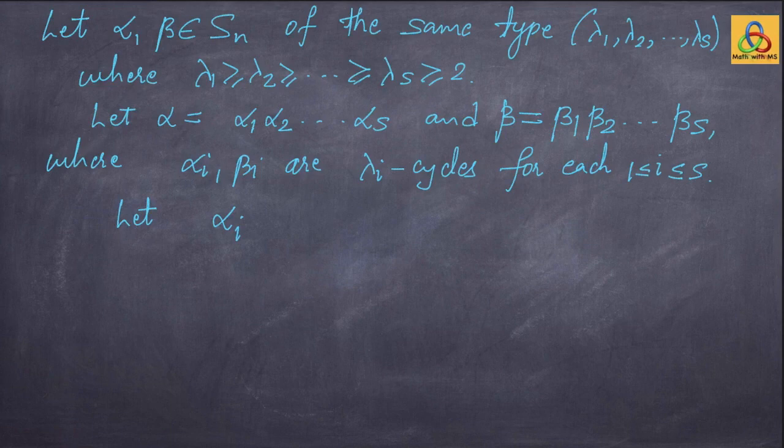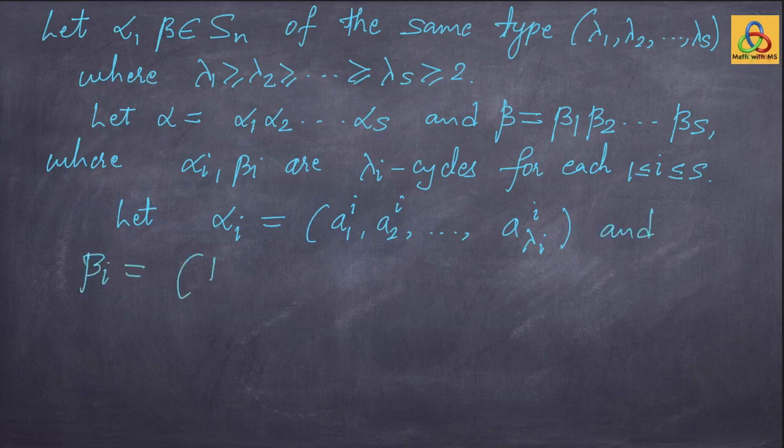So let alpha i equal (a1 i, a2 i, and so on, a lambda i). This is a cycle of length lambda i, and similarly beta i is (b1 i, b2 i, and so on, b lambda i). To show that alpha and beta are conjugate, I need to find a permutation tau such that tau alpha tau inverse is beta.